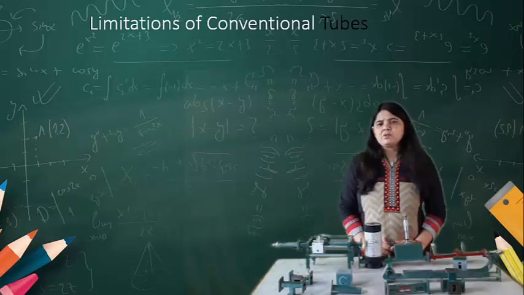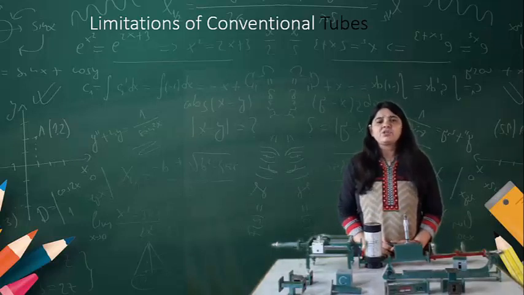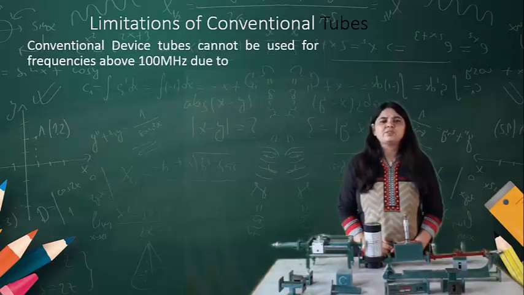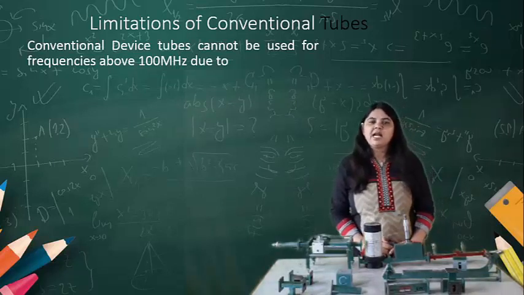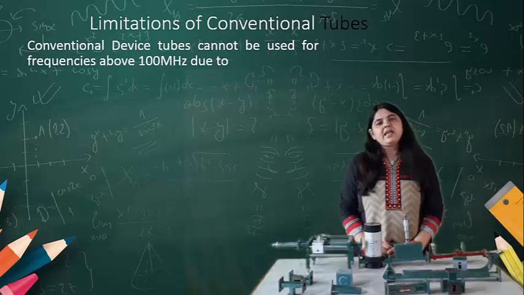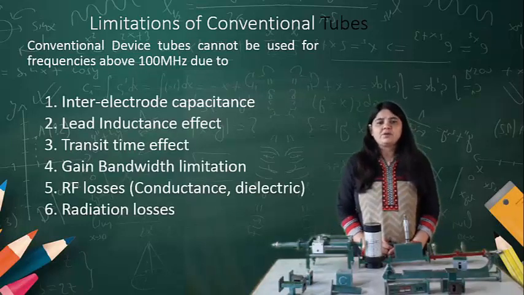The question is, various tubes are available, so what is the limitation of the conventional tubes that are already used? And instead of using all those conventional tubes, why do we need to use microwave tubes? The reason is that conventional tubes cannot be used above the frequency of 100 MHz, which means they cannot work at higher frequency.